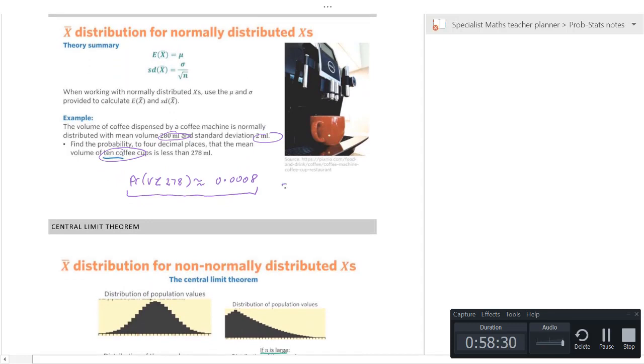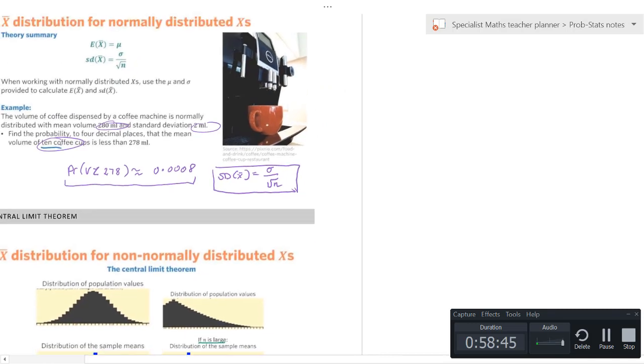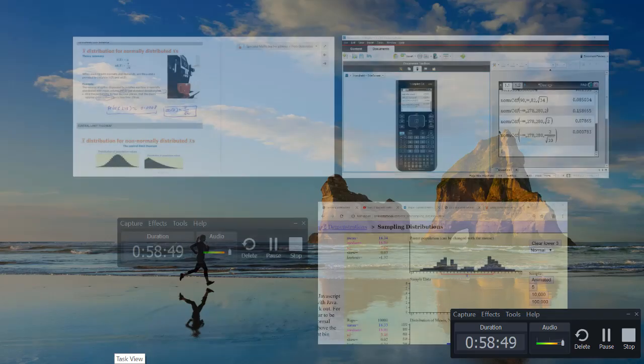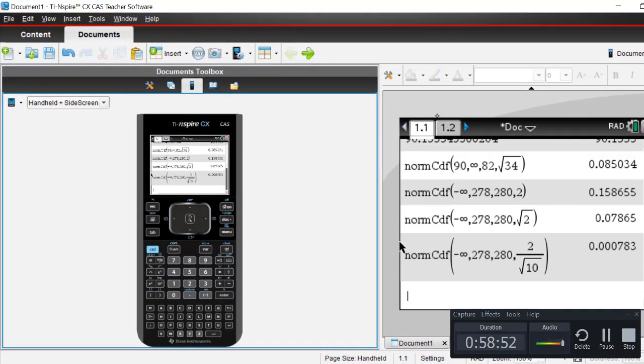And most importantly, you need to get this in your head: it's the standard deviation over root n. And of course, that needs to be in your calculator. If I go back to the calculator, that needs to be this guy over here, isn't it?